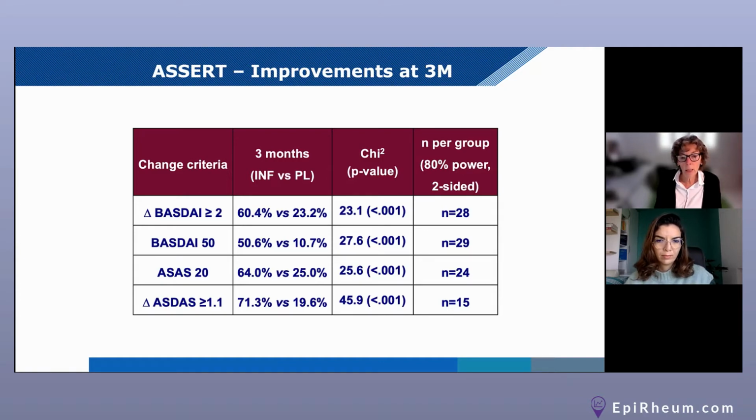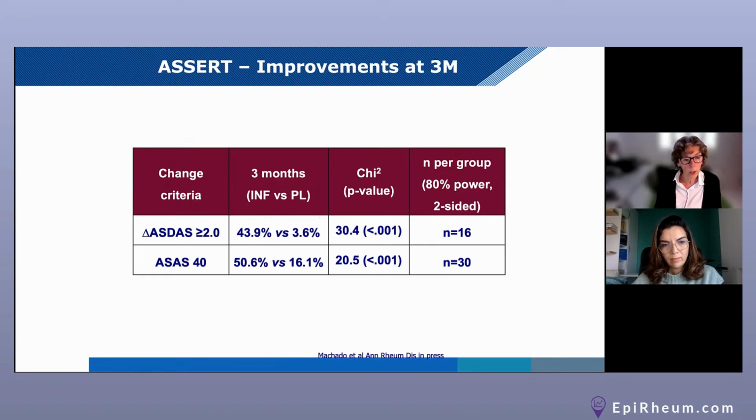And we also calculated the number of patients needed per group to have an 80% power in a clinical trial with two-sided testing. And you see that if you use the ASDAS in comparison to, for example, the ASAS 20, you really have fewer patients needed with the same power. We did a similar thing for the ASDAS major improvement, and also here, if you compare to the ASAS 40, you need only half of the patients.